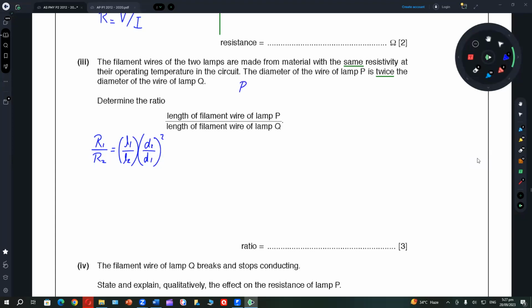Let's suppose that P is our 1 and Q is our 2. I am looking for L1 upon L2, so I will make L1 upon L2 the subject.